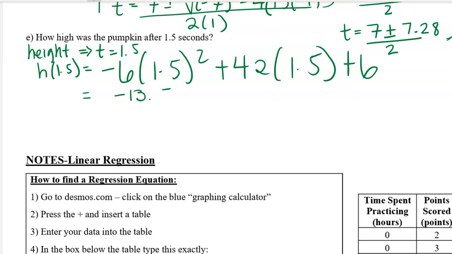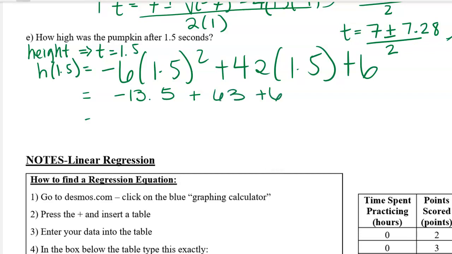Negative 13.5, good job. 42 times 1.5. 63. We're going to drop down to 6.